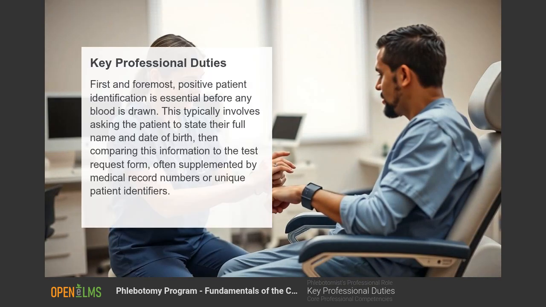Key professional duties. First and foremost, positive patient identification is essential before any blood is drawn. This typically involves asking the patient to state their full name and date of birth, then comparing this information to the test request form.